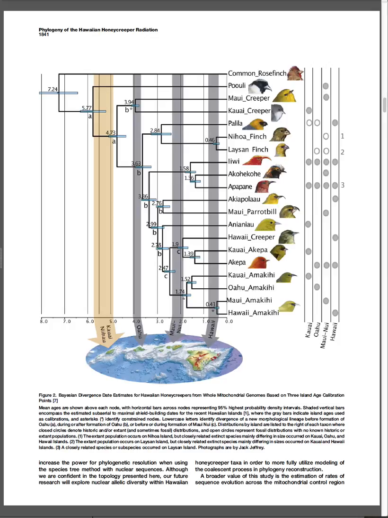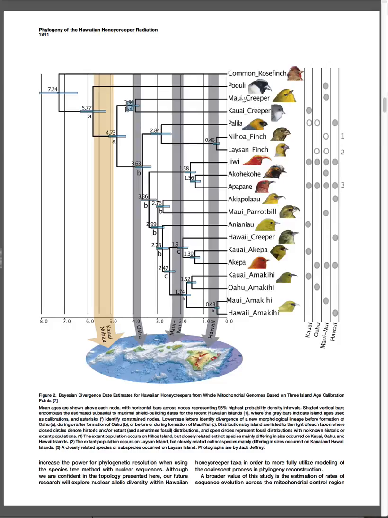So what I could do is say that a species found only on Oahu is a species that didn't exist until Oahu formed. So when I have done my analysis, I can say that, for instance, this node here, there's an asterisk here, this node could not have happened until the divergence between, it says Kauai and Maui creeper here.